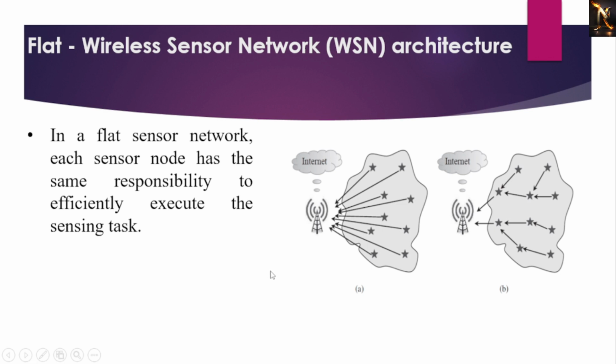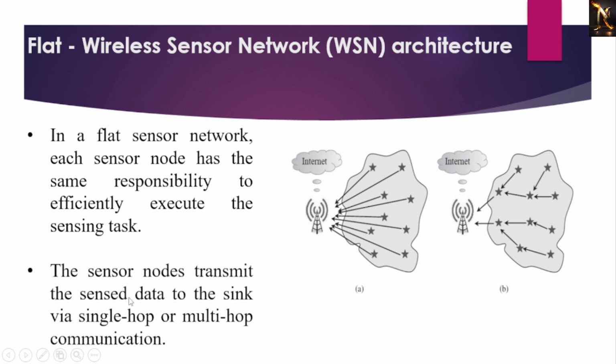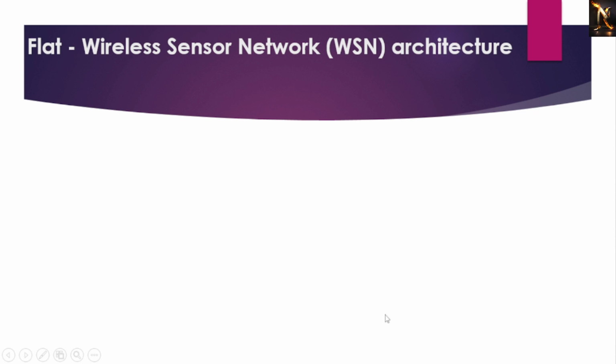In single-hop communication, the data from the sensor node is directed to the base station for further communication, whereas in multi-hop communication, a sensor node sends the data to another node, and then depending upon the communication strategy, the data is directed to the base station for further communication.